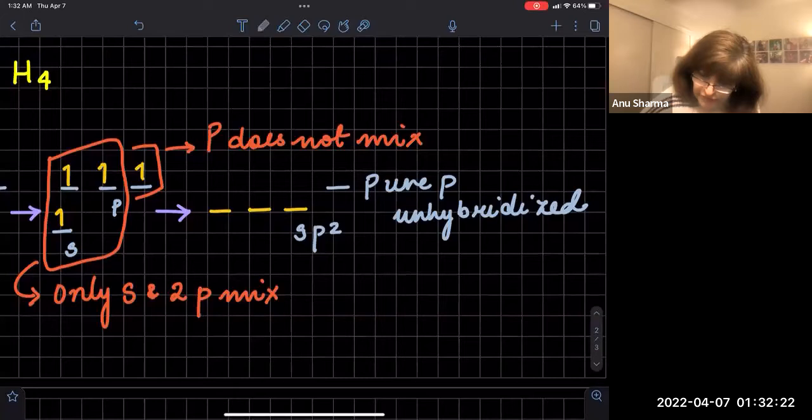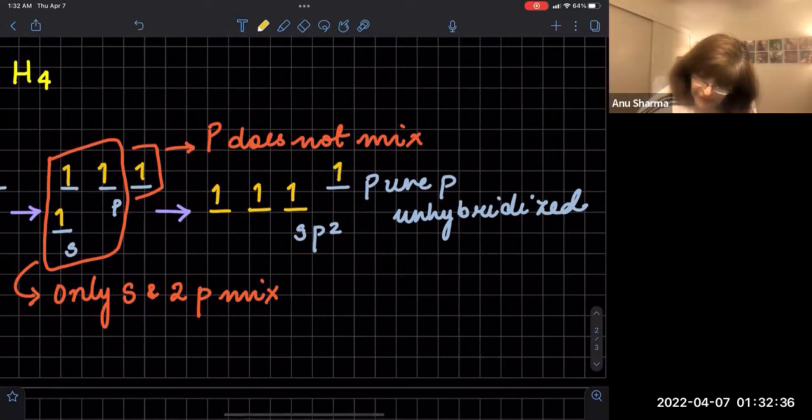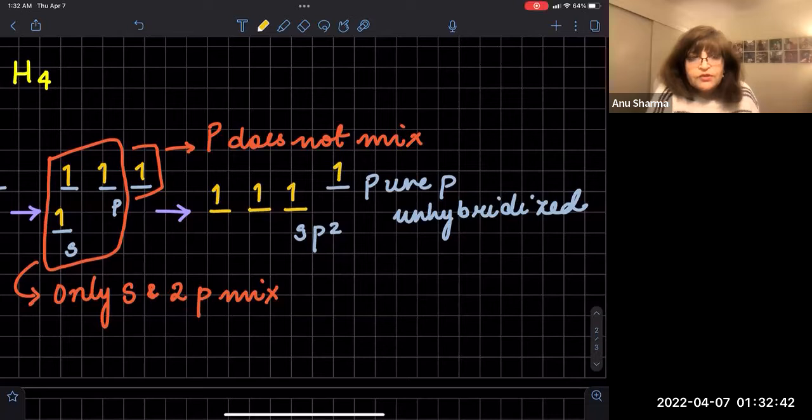Now let's look at sp2. It contains three singly occupied orbitals, and the pure P will still contain the one electron that had jumped. So the pure P is holding that one electron, and the remaining three that mixed formed the sp2 hybridized orbitals.